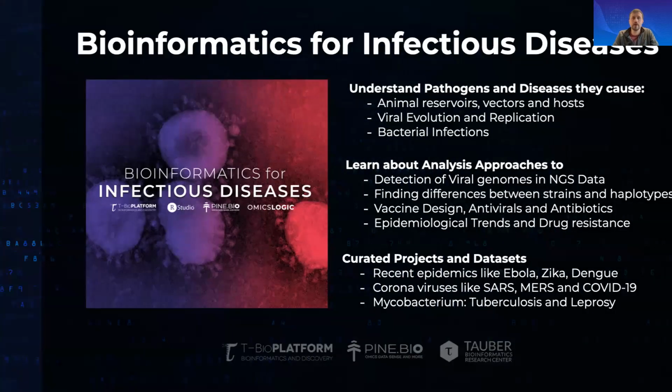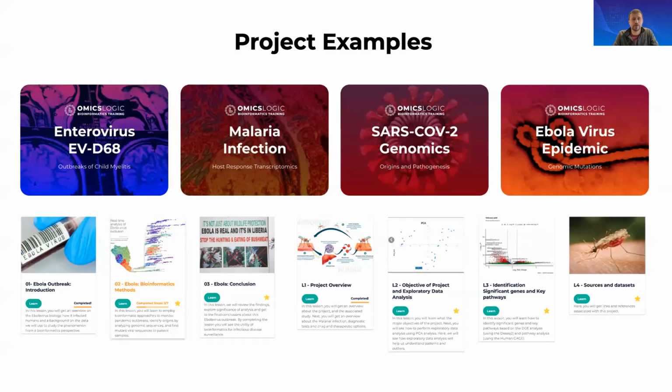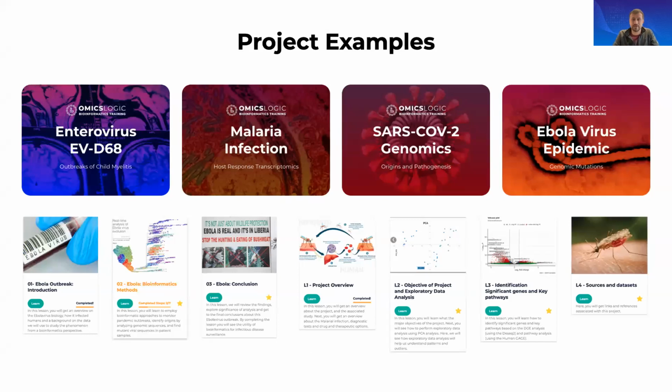So in this program, we use project examples related to the enterovirus EVD68, which was an outbreak that affects primarily younger children and happened recently in Europe as well as in the US. Malaria infection, again, endemic in Africa, but also in many regions of South America, I believe, and in Asia.